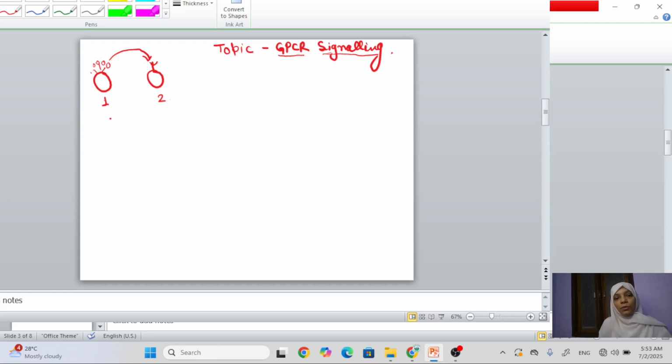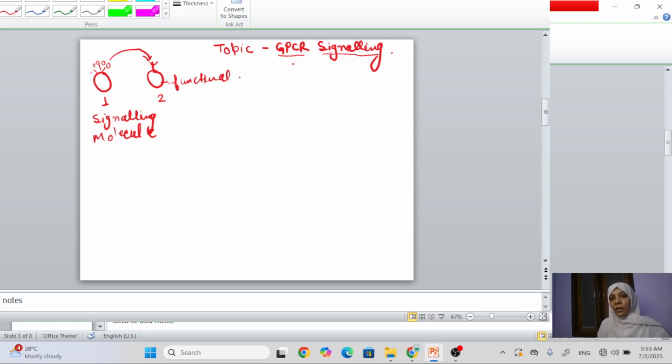The cell that produces the signal produces the signaling molecule. This cell is receiving this hormone, this signaling molecule, and performs its functional activity.